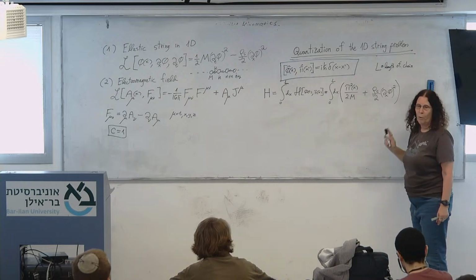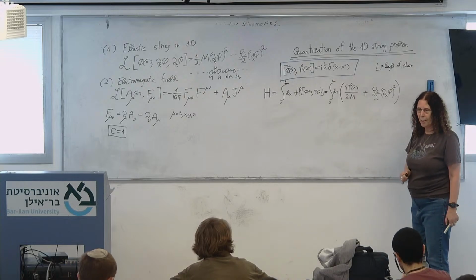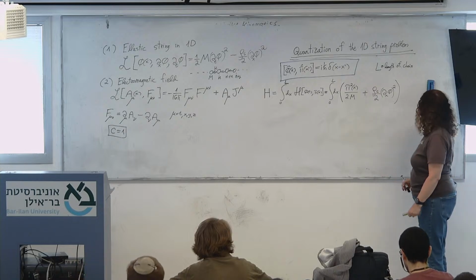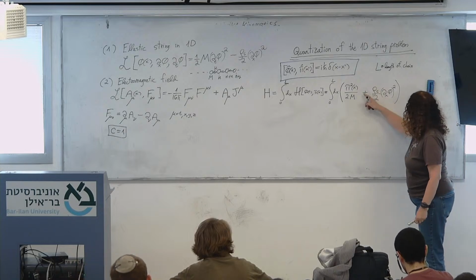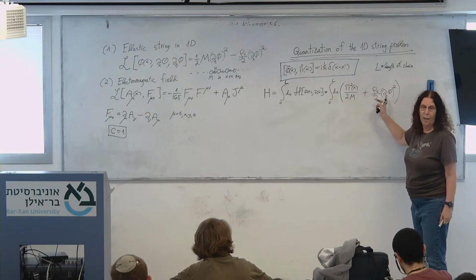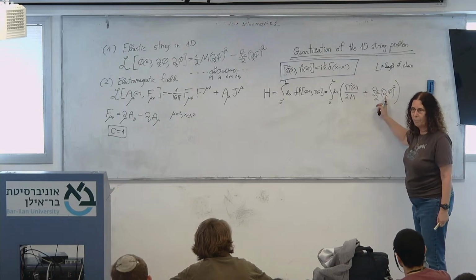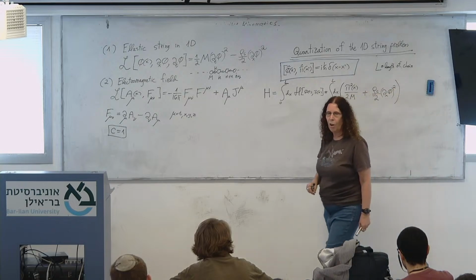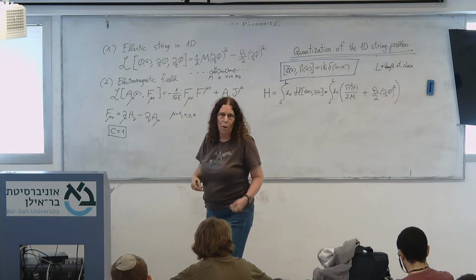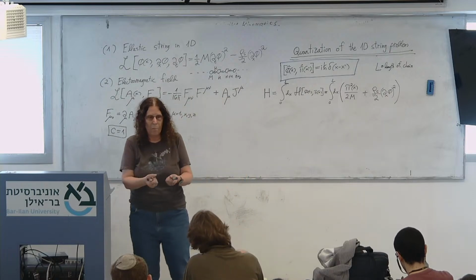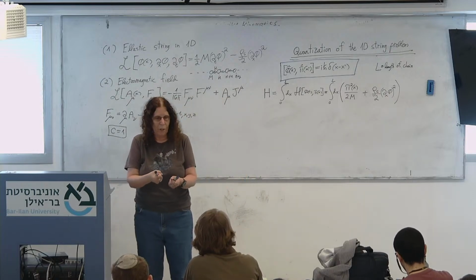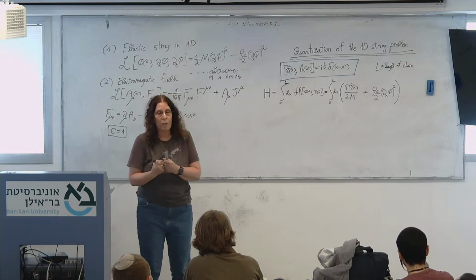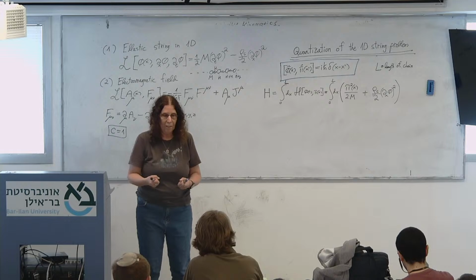there is a problem with this Hamiltonian. It's not so convenient to work with it. And what is the problem? I don't only have here a function of phi, I have a derivative. Okay, so the potential energy is not local. And we know why, because it comes from the coupling of two adjacent particles in the original chain, right?